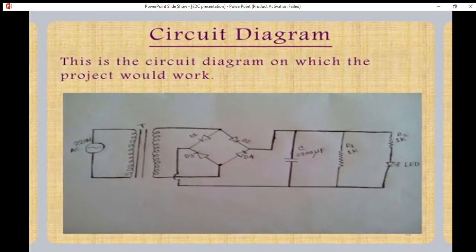So now we are going to check the circuit diagram. This is a circuit diagram on which the project would work. First, we have a 220 volt alternating current source, then a transformer, 4 diodes, then a capacitor, 2 resistors, and at the end a load LED.